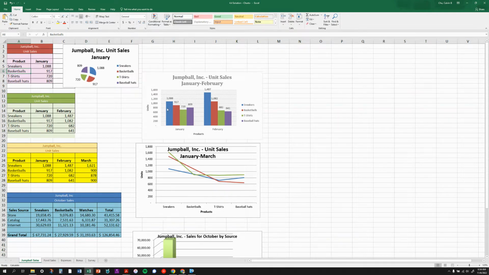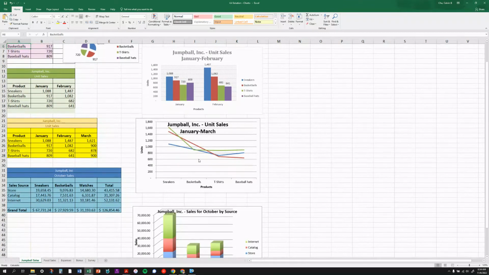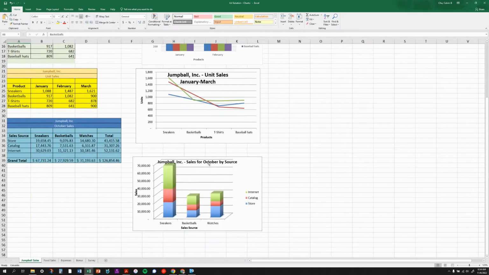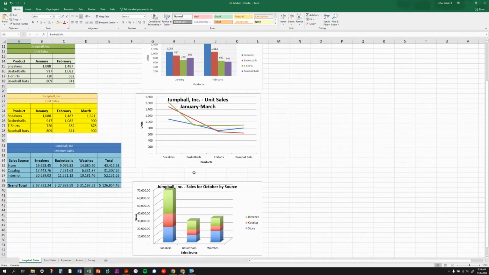In this case, we're comparing sneakers, basketballs, t-shirts, and baseball hats during the month of January. The more you get this, you can expand this out. You have different months, but you can compare that across months as well. You have line graphs, which allow you to see trends over time, what happens over time.